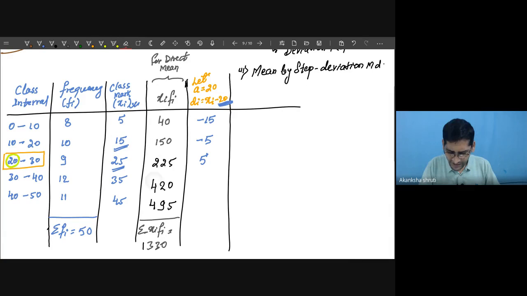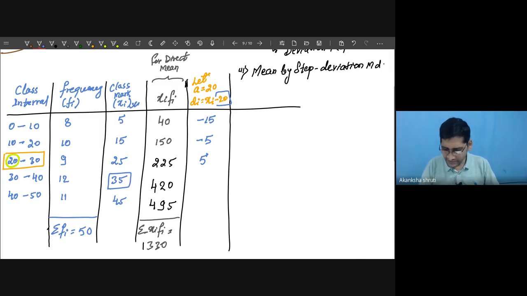Students, are you getting what I am writing? If you have any doubt, please ask. Please do not forget to ask. For the next di, I shall take the xi, which is 35, and from this 35 we need to subtract the assumed mean 20.